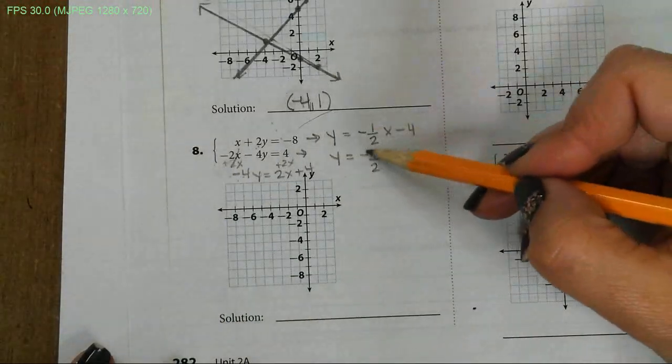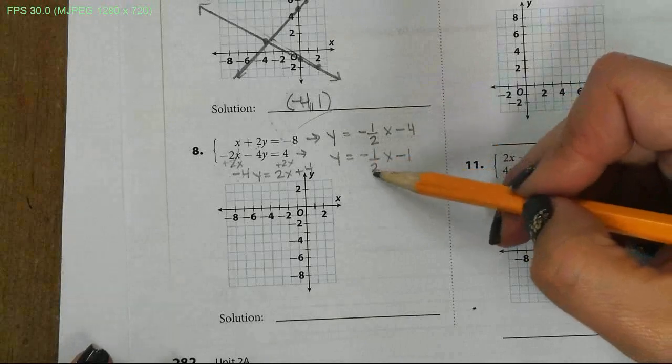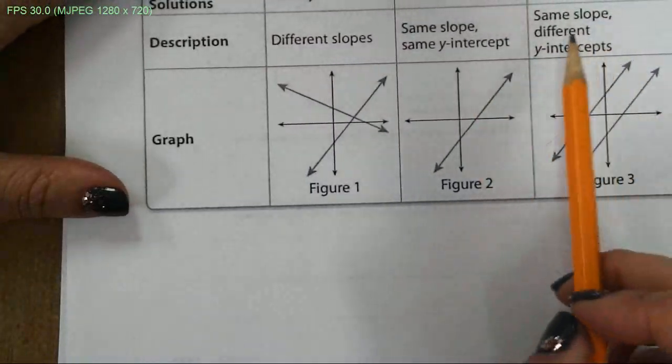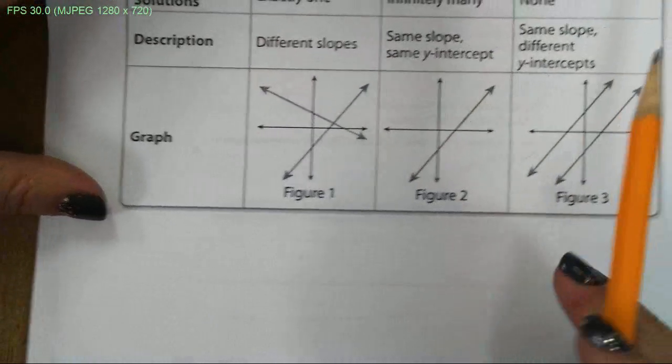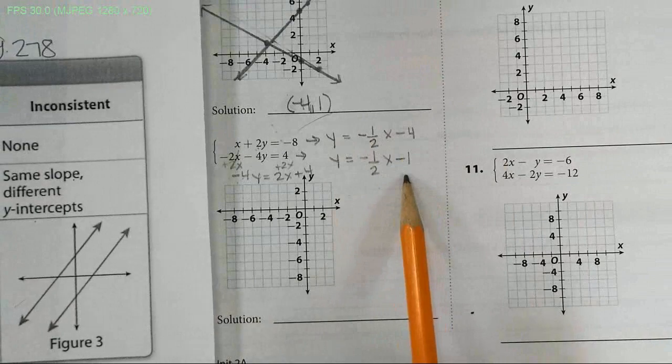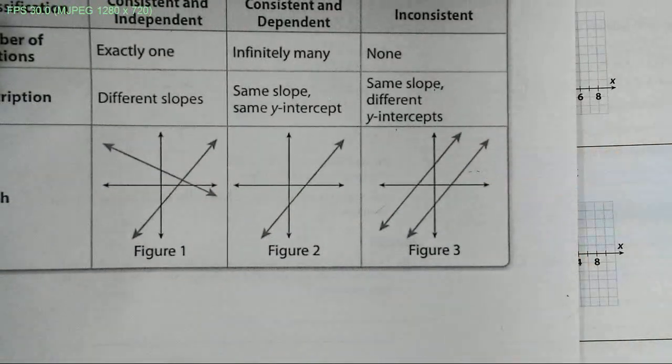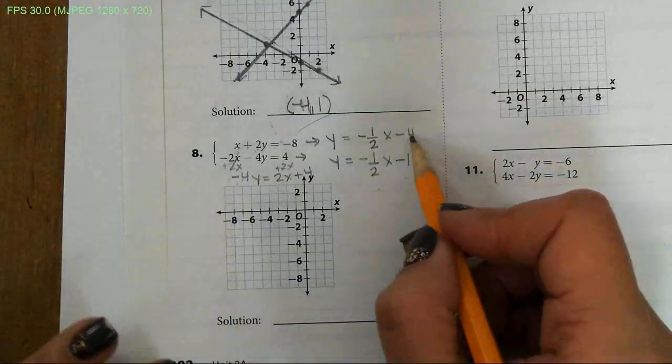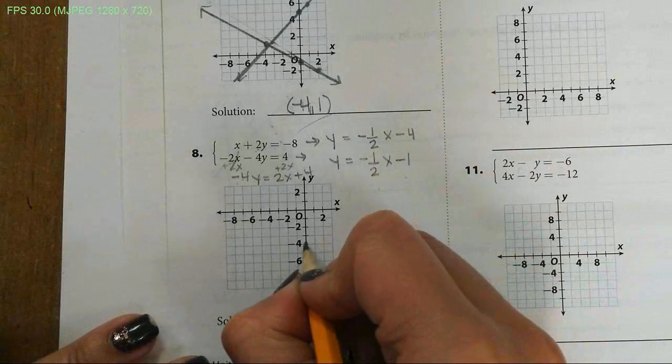I can already see here I have the same exact slope. Now if we come back to this here, I have the same slope, but I have different intercepts. So I know that I'm going to have parallel lines. So here I plot my -4.